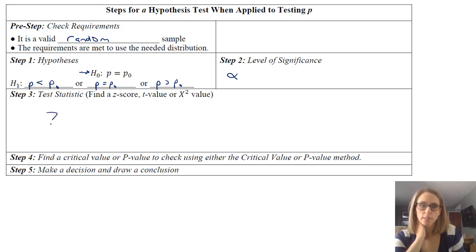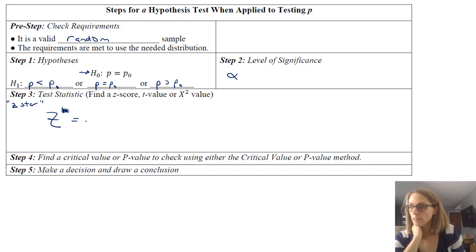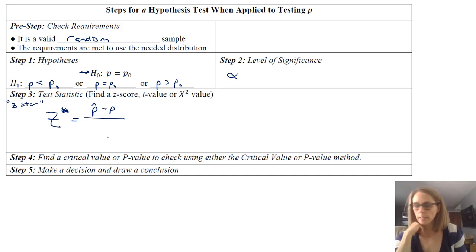The test statistic looks like this. I'm going to denote the test statistic by z star. Using the word star just separates the test statistic from the critical value. It is, however, a measure in terms of z. It is your sample proportion p hat minus your proportion from the old idea, p naught, divided by the square root of p q over n.